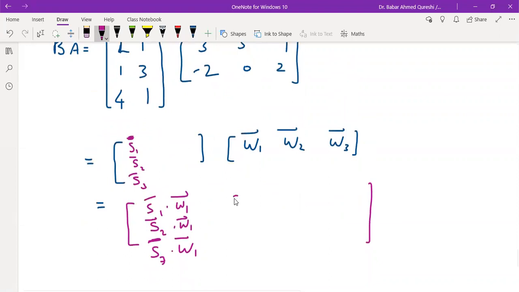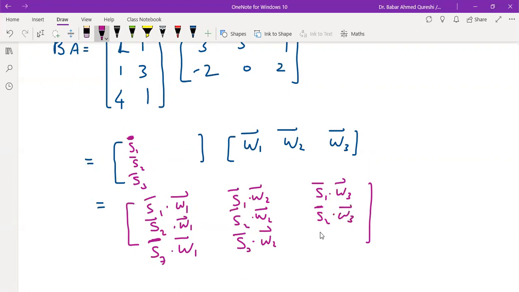And the other ones are S1 dot W2, S2 dot W2, S3 dot W2, and then S1 dotted with W3, S2 dotted with W3, and S3 dotted with W3.